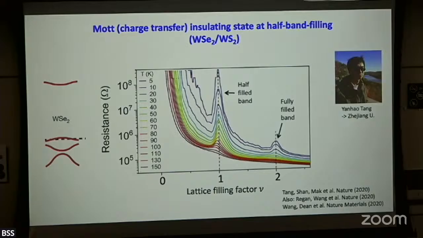And then in order to know the filling factor, you also need to know the moiré density. From the experimental point of view, we roughly know the twist angle for the heterobilayer, it doesn't change much. From there, you can roughly determine where filling 1 is going to be and where filling 2 is going to be. And then you can determine the rest. But this is not very precise. The more insulating states you have, the more references you have.